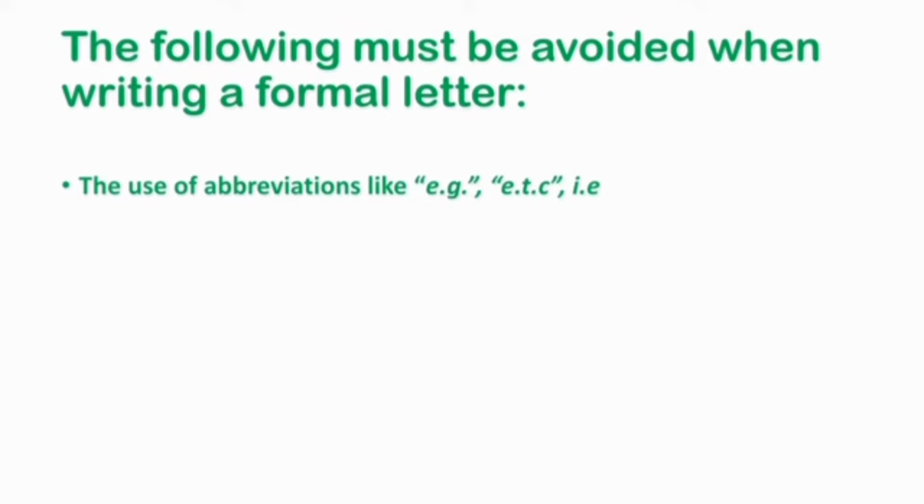The following must be avoided when writing a formal letter. 1. The use of abbreviations like e.g., etc., i.e. It is expected that these are written in full in the formal letter. 2. Pidgin language or slang. 3.